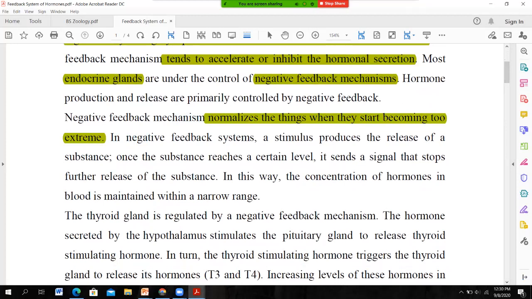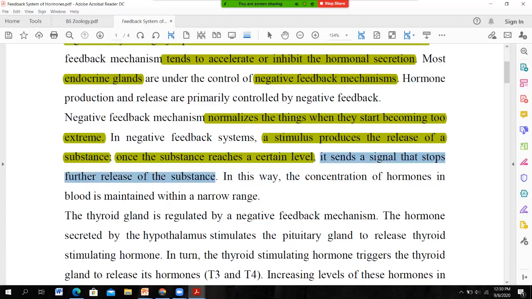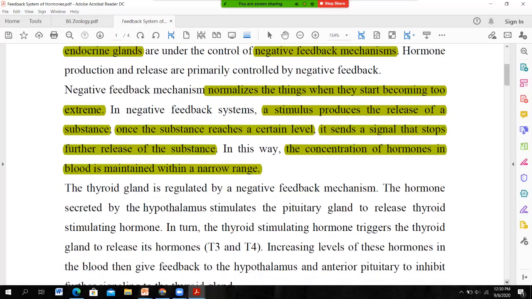A stimulus produces the release of a substance. Once the substance reaches a certain level, it signals to stop further release of the hormone. In this way, the concentration of the hormone is maintained within a particular range.